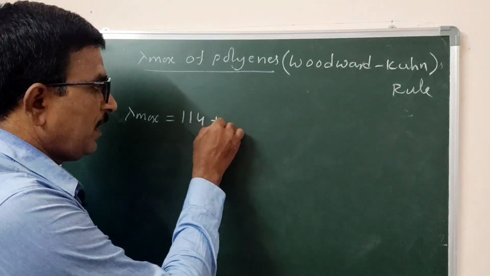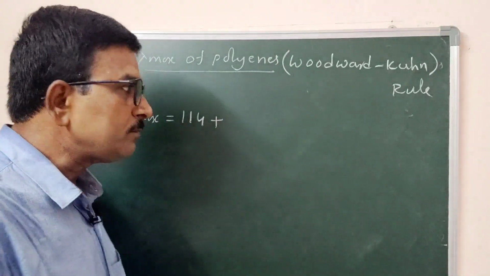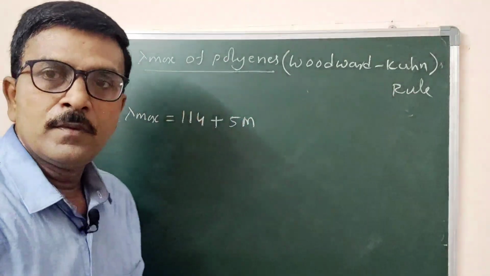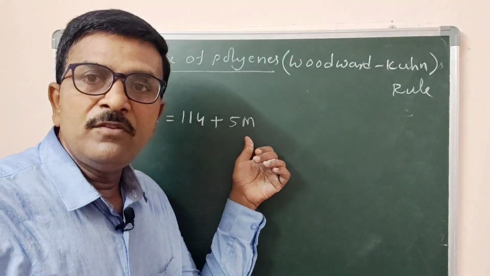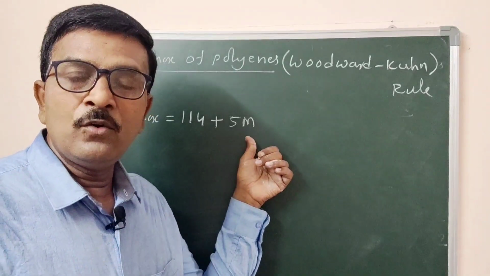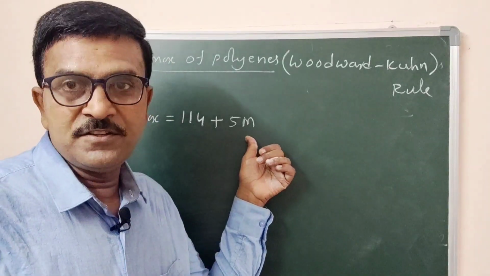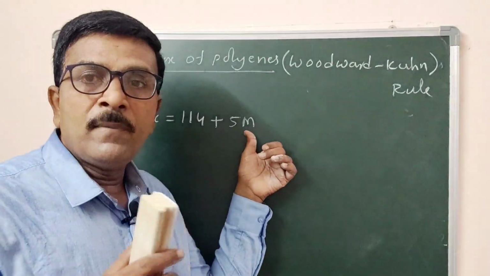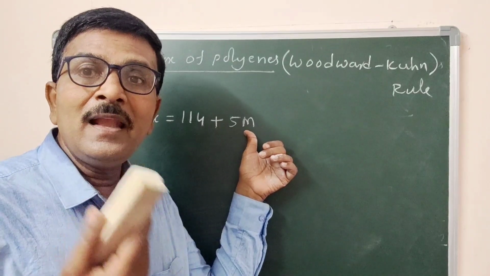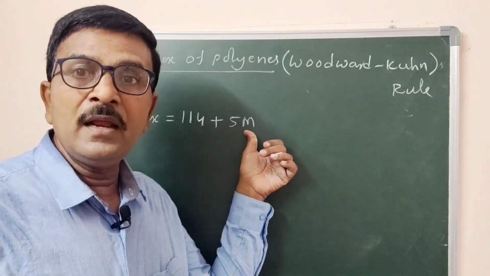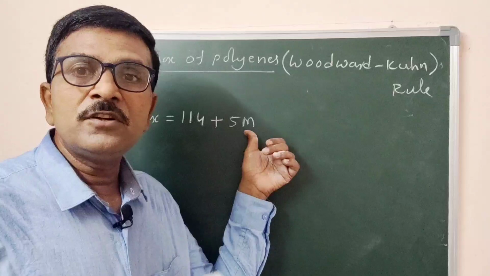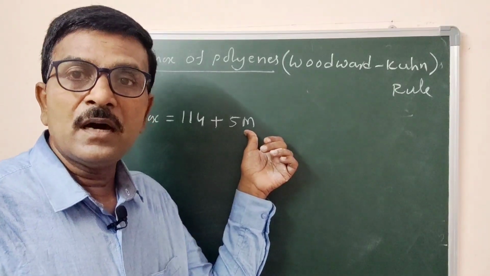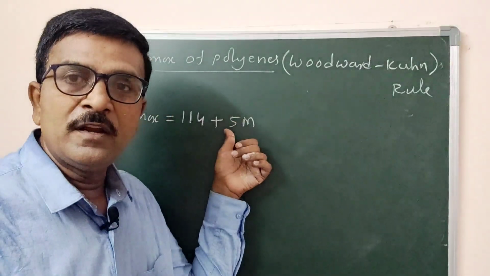That is, we are adding plus 5 into m, where m is equal to the number of alkyl groups attached with the conjugated system. Basic value is 114 and then the number of alkyl or alkyl-like substituents or ring residues attached with a conjugated system. Each ring residue or alkyl group affects 5 nanometer.